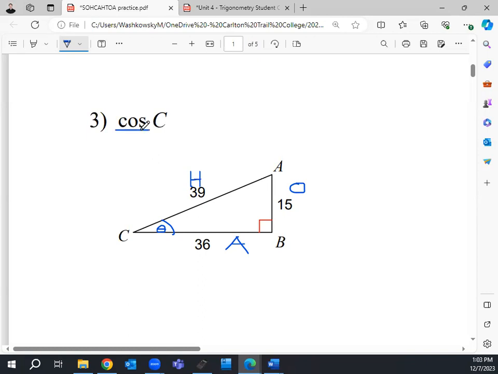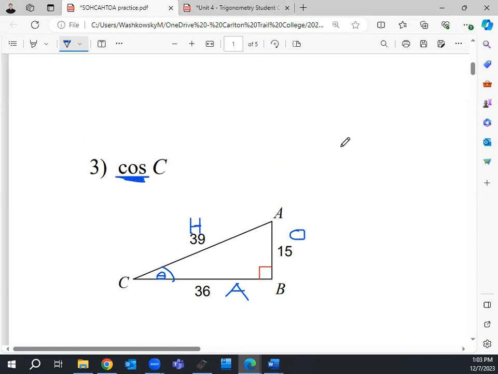It's telling me to use cosine. So I immediately go into step 3, which is to write my blank formula in. So SOHCAHTOA, what would be my formula for cosine? Adjacent over hypotenuse, right? SOHCAHTOA, CAH, adjacent over hypotenuse.